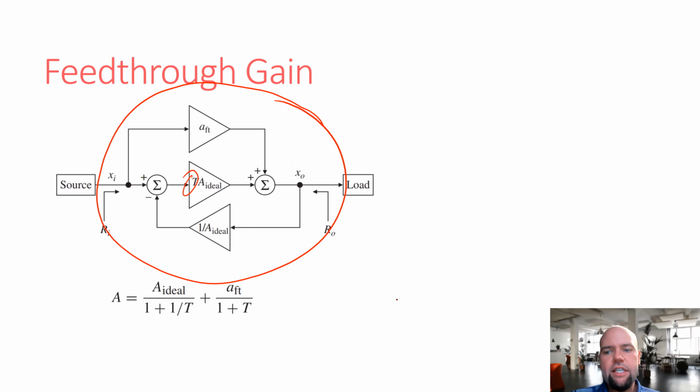It's a similar concept to the feedback, but it allows us to take into account more elements of the op-amp design. The equation looks very similar, though. Instead of the ideal gain times 1 over 1 plus 1 over L, we now have the ideal gain times 1 over 1 plus 1 over T, plus the feed-through attenuated by 1 plus T. And we will talk about this return ratio T more.